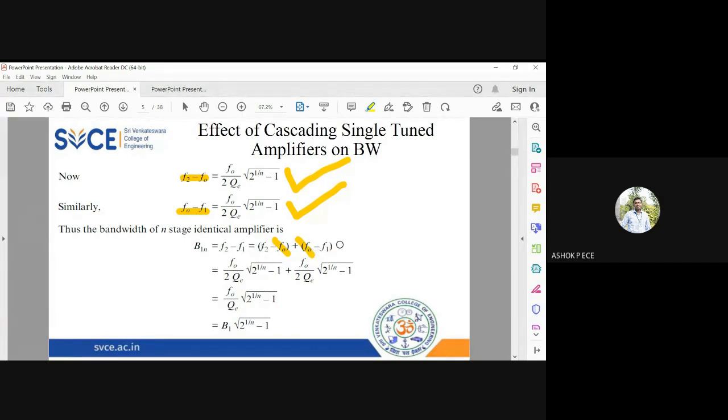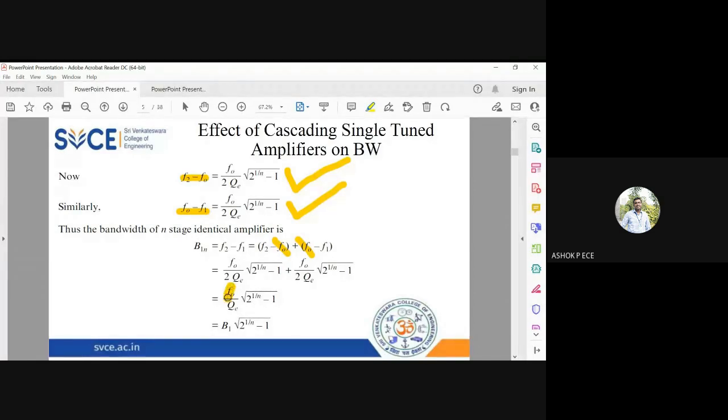So you have to add the two expressions. The two expressions are the same: f0 by 2Qe into root of 2 power 1 by n minus 1, plus the same expression. So 2 times, the denominator 2 and numerator 2 will get cancelled. So you get f0 by Qe into root of 2 power 1 by n minus 1.